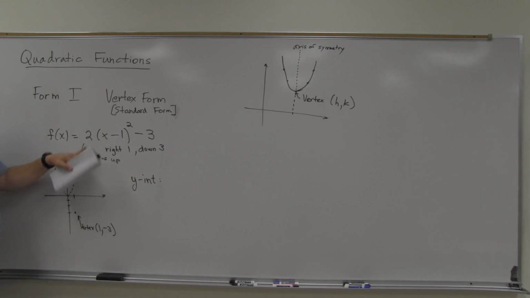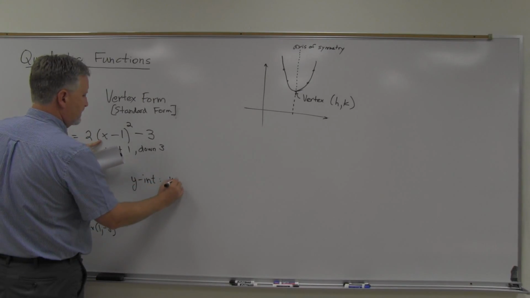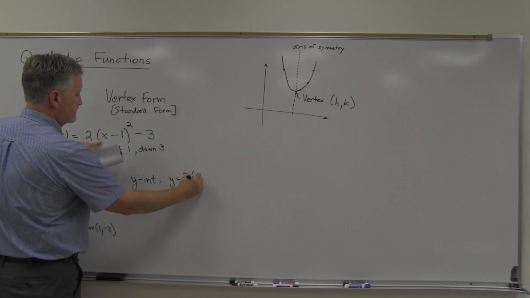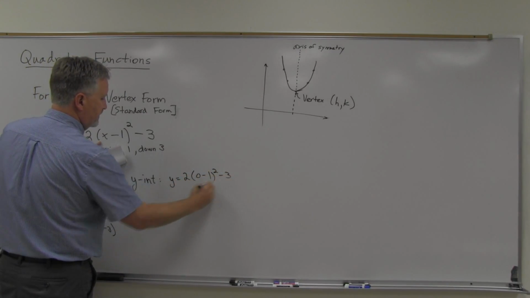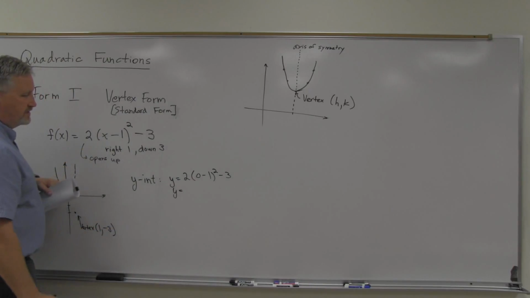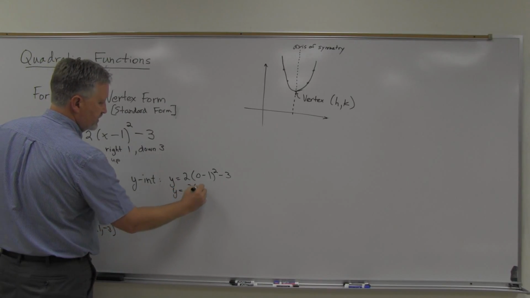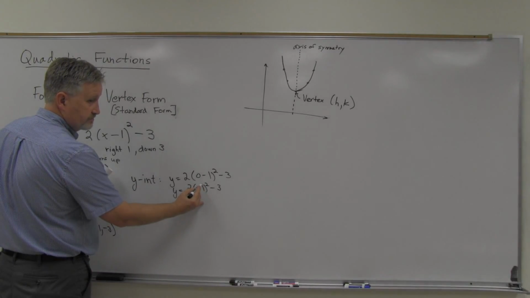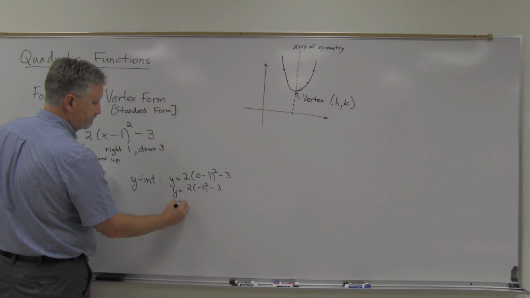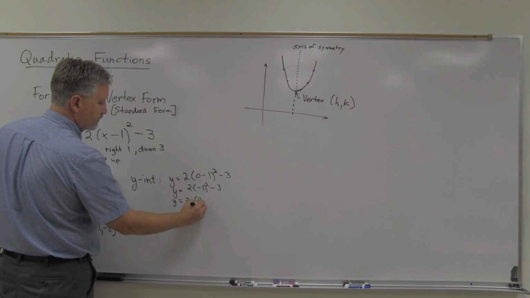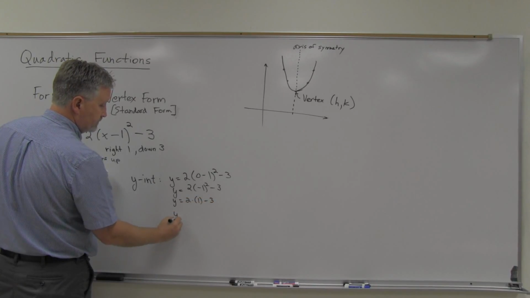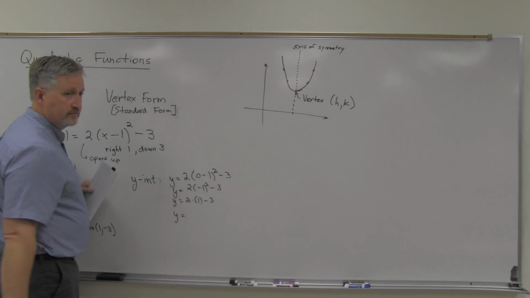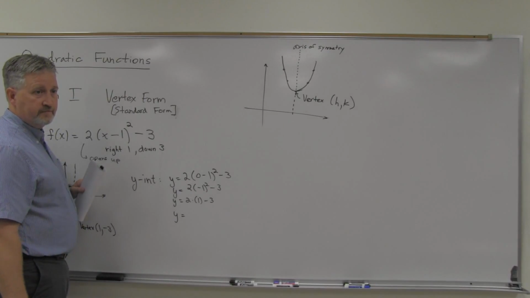So it'd be 2 times 0 minus 1 squared minus 3. That gives me 2 times -1 squared, but -1 squared is +1, so 2 minus 3 is -1. That's the y-intercept.